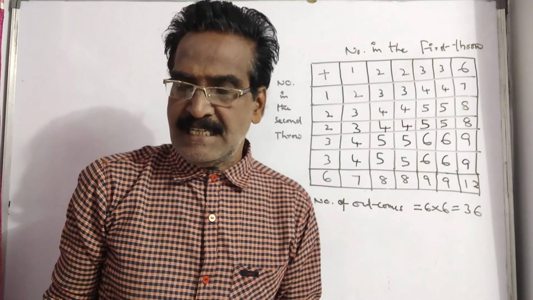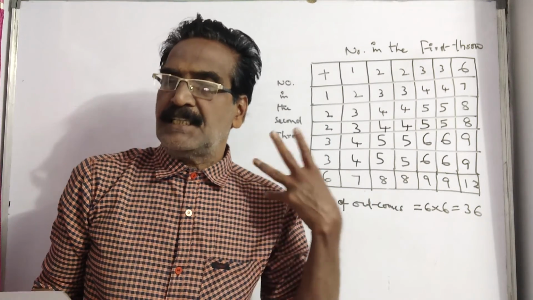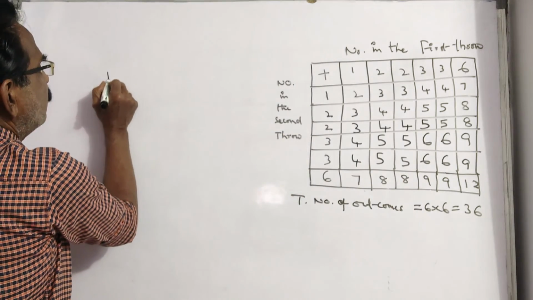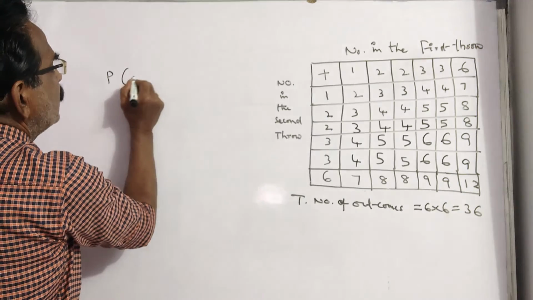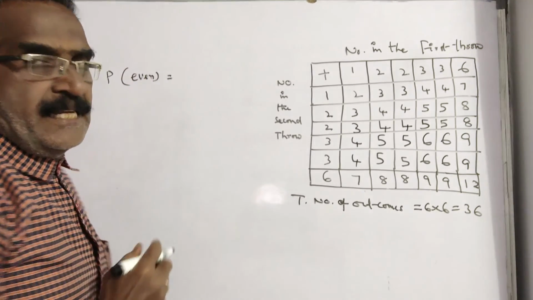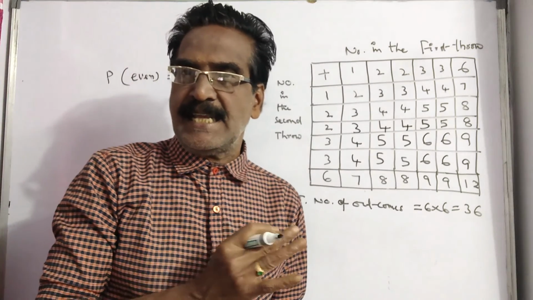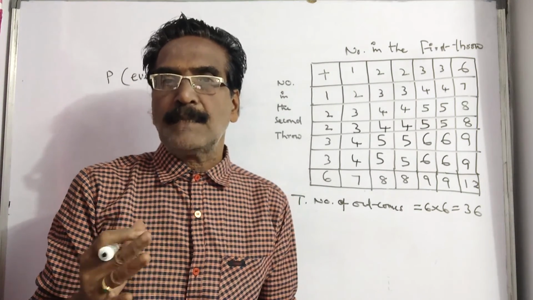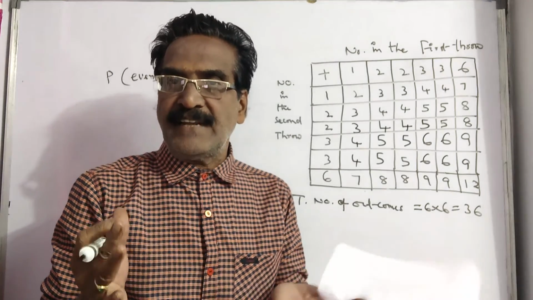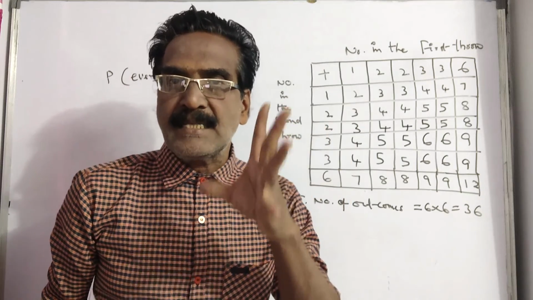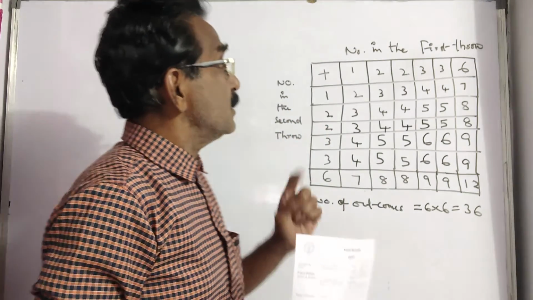Now let us calculate the probability of each one. The first one is: what is the probability that the total score is even? Probability of getting the sum even. Let us see in how many outcomes the sum is even.